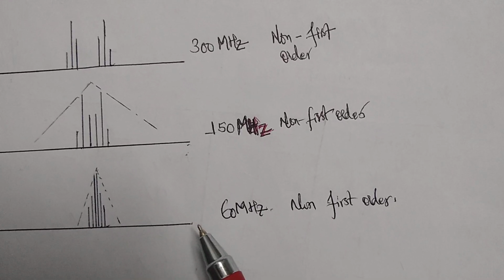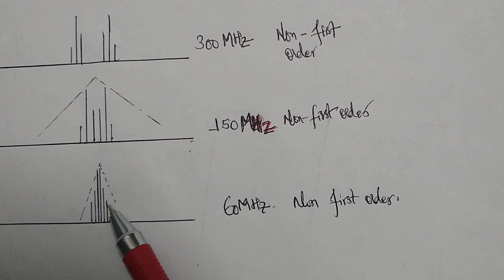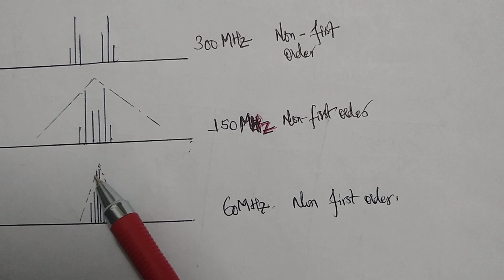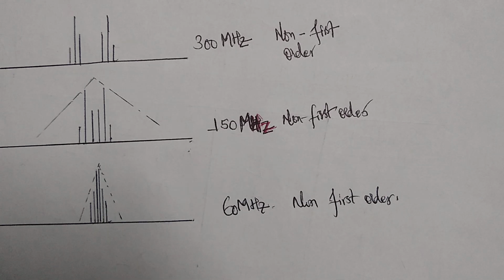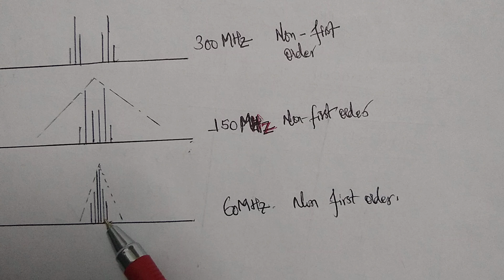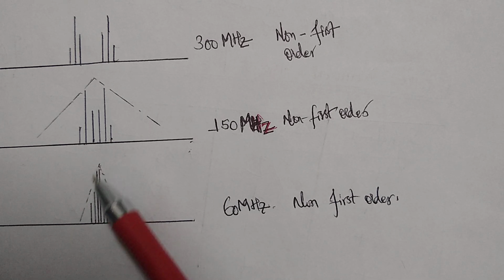And likewise at 60 MHz the two multiplets will come even closer, and the inner spikes will be the longest ones and the outer spikes will be the short ones. So at the expense of the outer spikes, the inner spikes' intensity is increased, and that leads to the roof kind of shape, which is called the roof effect.